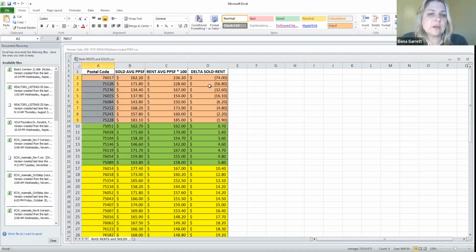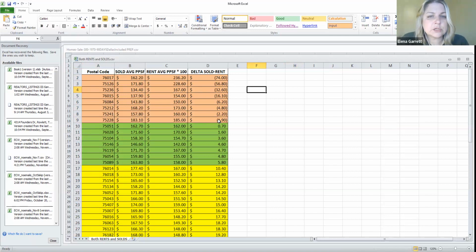Based on the data that I'm seeing, they show that the rents in the area are very high compared to sale prices in the area.